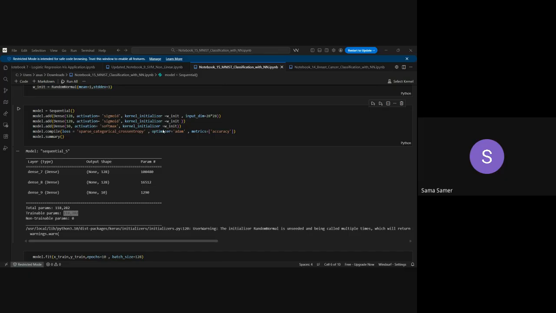How big is your data set? How complex is your data set? Because first, the number of dense layers is the model capacity: how complex the patterns it can learn, the level of abstraction, and the risk of overfitting. So if you increase the number of dense layers, it will highly result in overfitting and training difficulty.